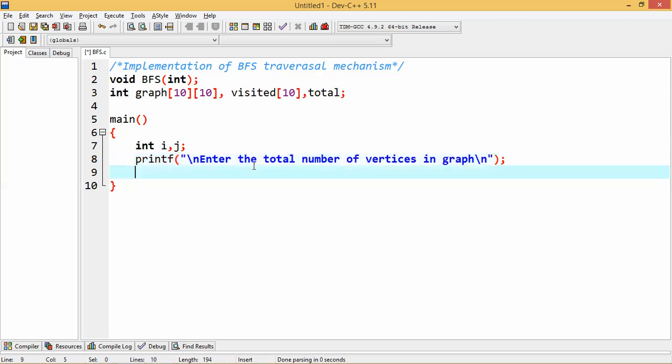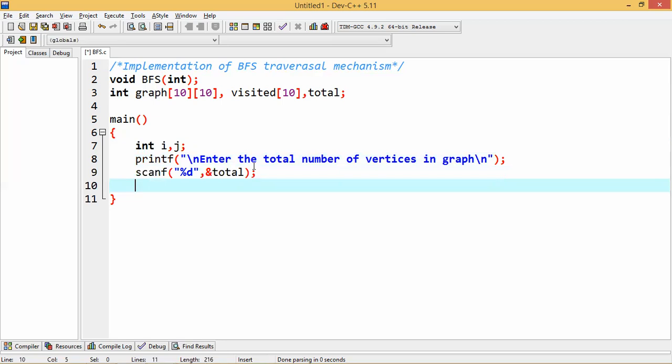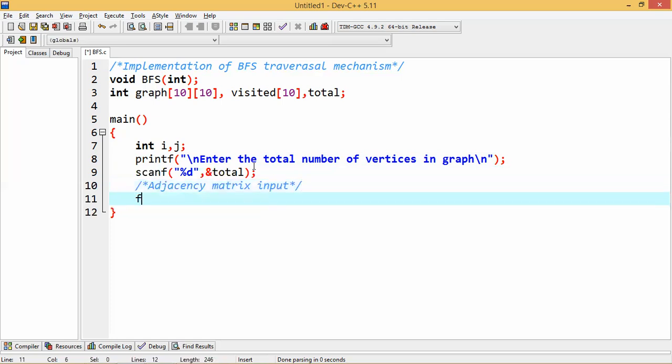Okay. So entering the total number of vertices. Clear? Accordingly, you have to enter the values for the adjacency matrix. Done. So here I have given the comment line that currently you have to enter the values for the adjacency matrix.